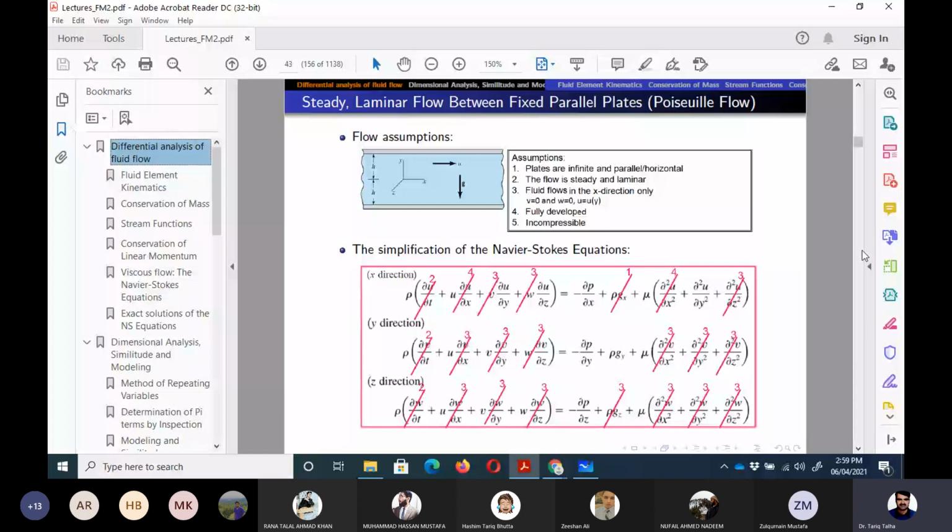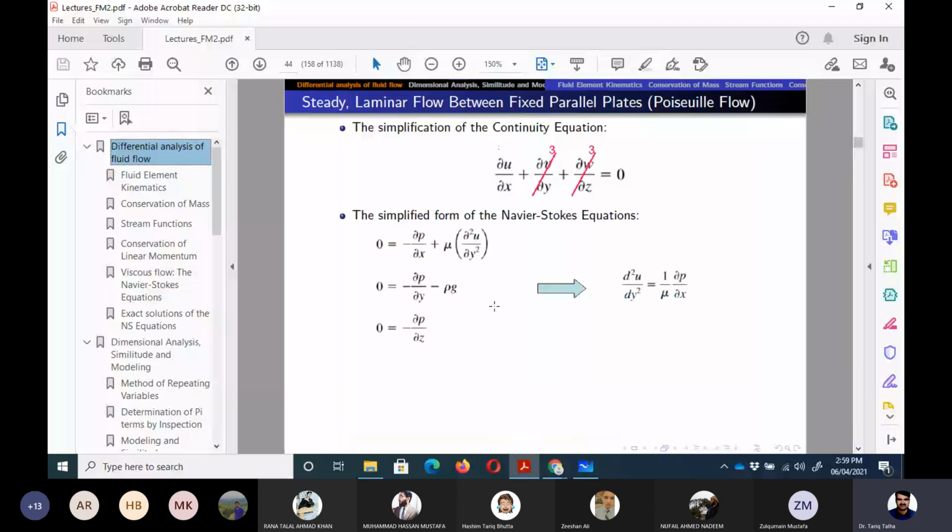So if we write the simplified equation now for the x direction, it is shown here that we have got the simplified form of the Navier-Stokes equation for the steady laminar flow between fixed parallel plates.